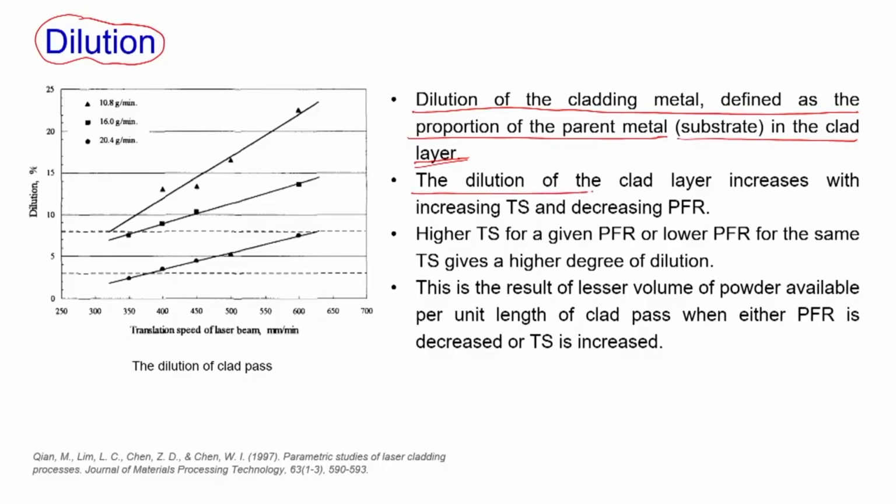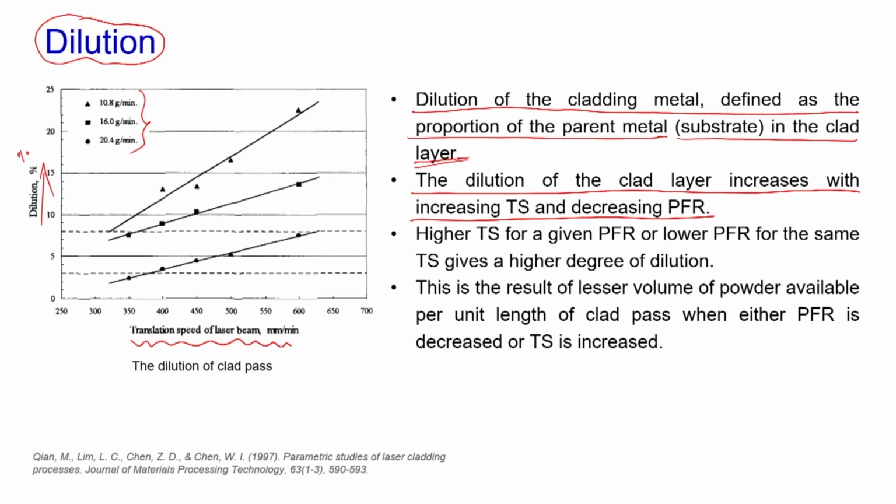The dilution of the clad layer increases with increasing TS and decreasing PFR. Here we have taken translation speed on the x axis and dilution, in percentage, on the y axis. Again, we varied the PFR at 3 levels: 10.8 gram per minute, 16 gram per minute and 20.4 gram per minute.